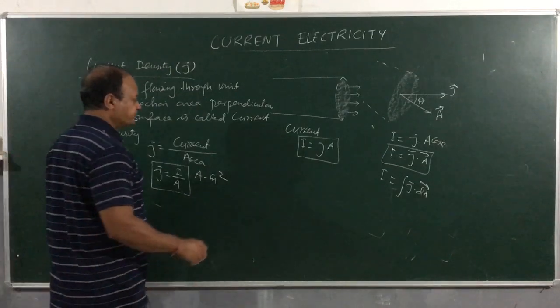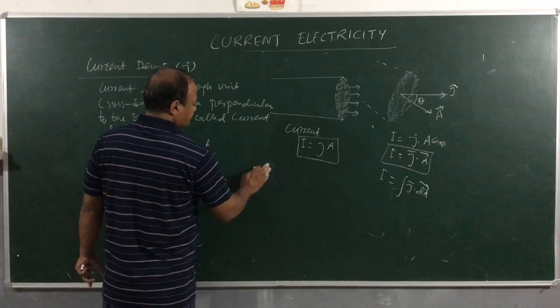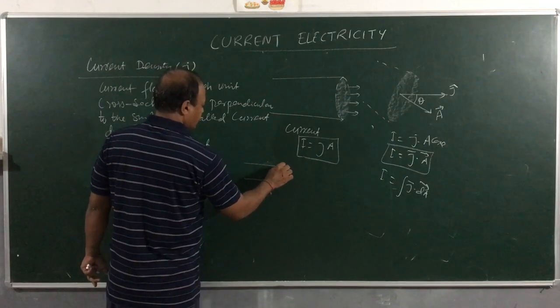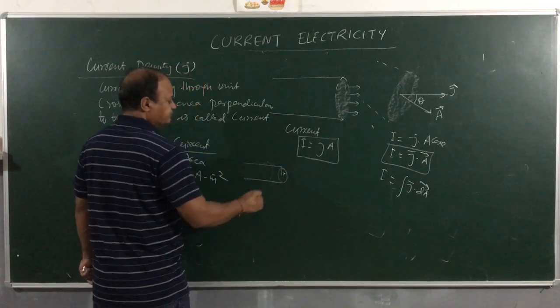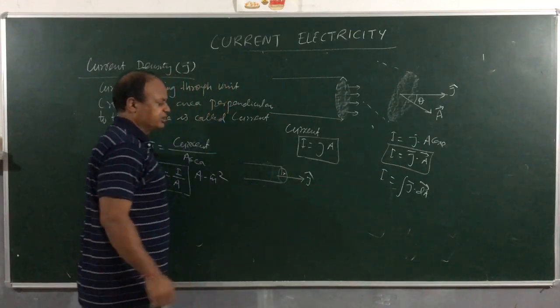For example, consider this cross section. Suppose it is a cylindrical conductor, the radius is R, and current density is directed perpendicular to the given surface.